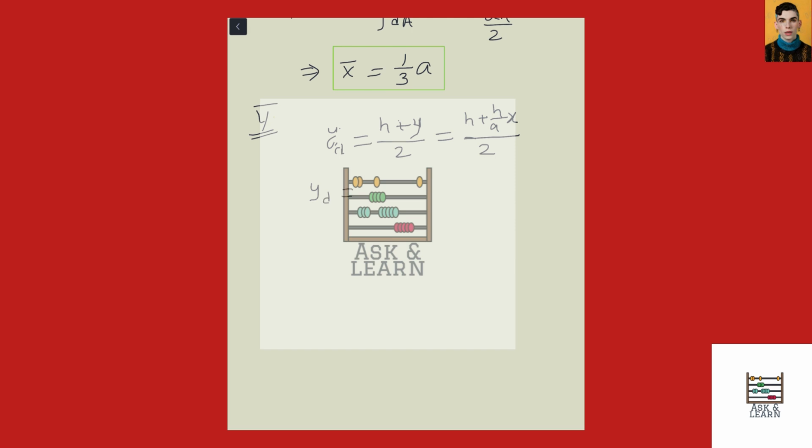So from here yd will be equal to h by 2 times (1 plus x by a).